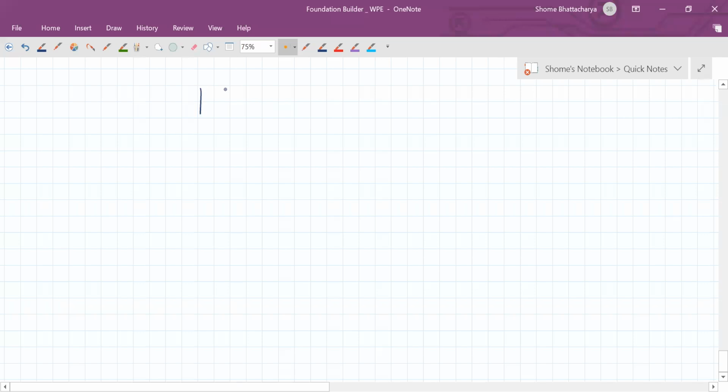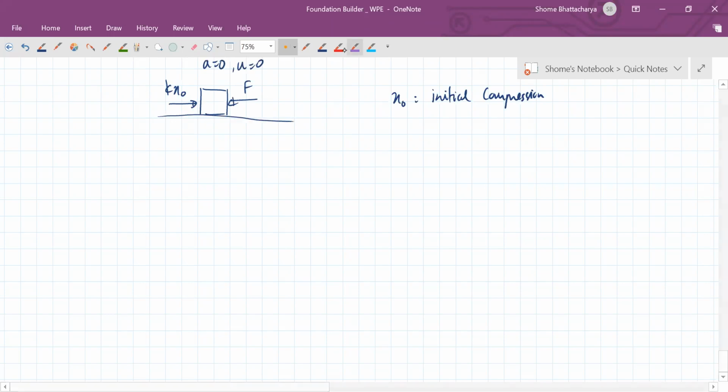So this is what the initial free body diagram will look like. Let's say x naught is the initial compression, when the acceleration is 0 and the speed is also 0 initially. So this is the FBD.